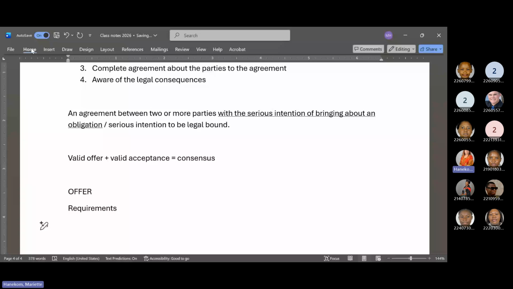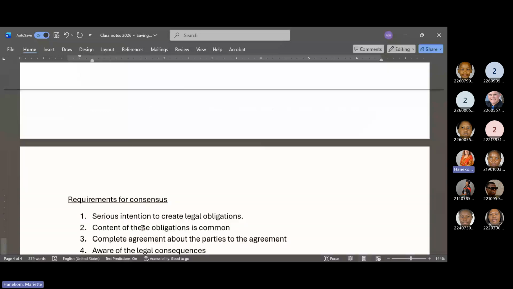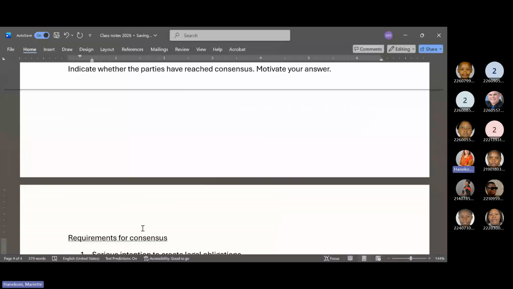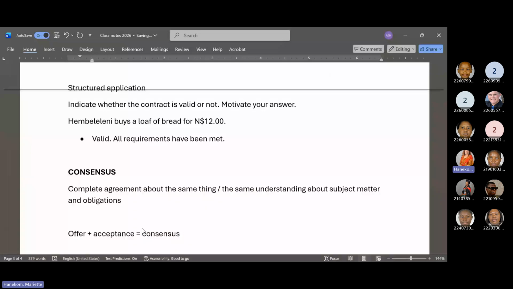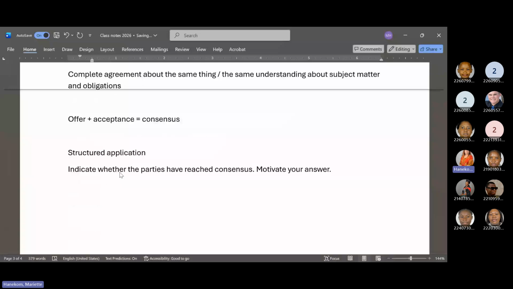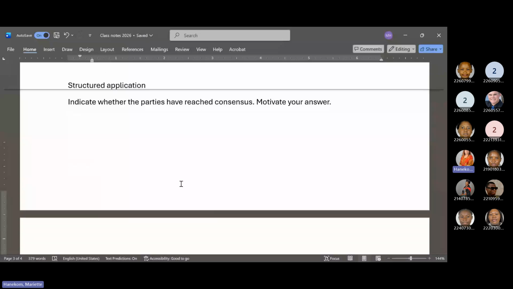And now you can already think to yourself, in my structured application, indicate whether the parties have reached consensus, indicate whether there was a valid offer. Lots of potential variations on structured application. To do that, we need to apply the requirements for an offer.